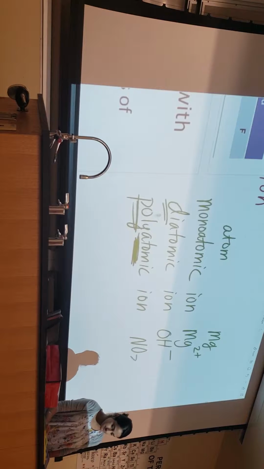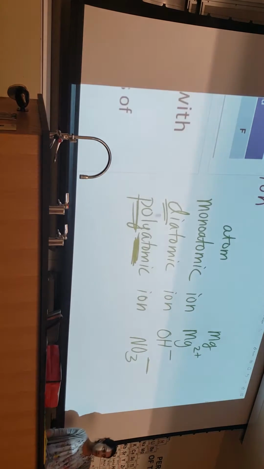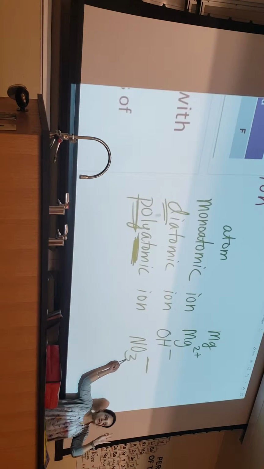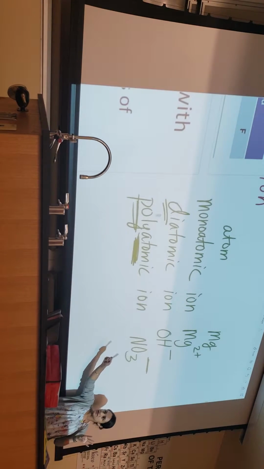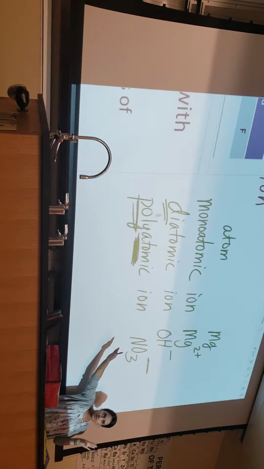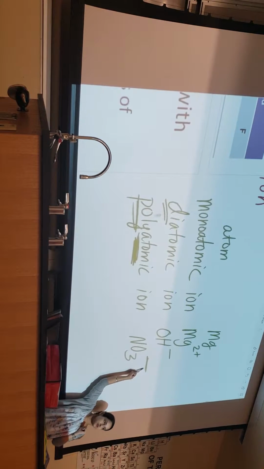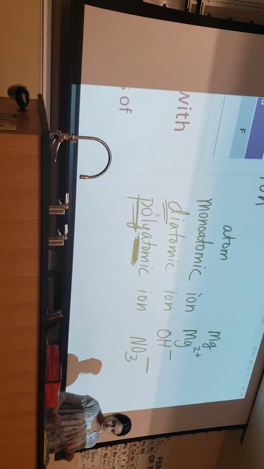Example of this. Notice two elements are involved, nitrogen and oxygen, but how many total atoms do you have? 4. 1 nitrogen, and then 3 oxygens. You have 4 atoms involved. That's where you get into polyatomic, multiple atoms, and it's an ion. This is called the nitrate ion, which I'll show you on the next slide.